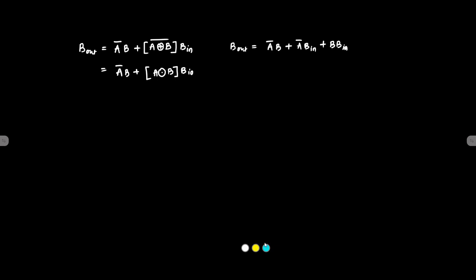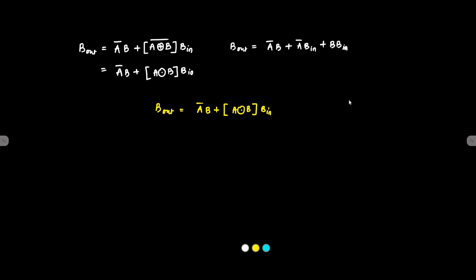So first let us take the borrow output A bar B or A XNOR B into Bn.